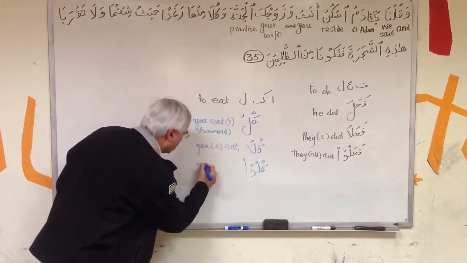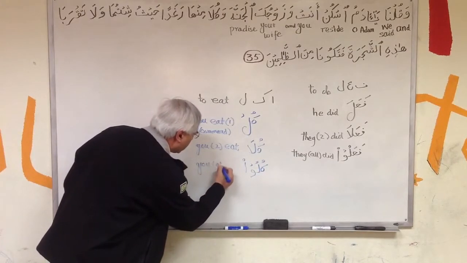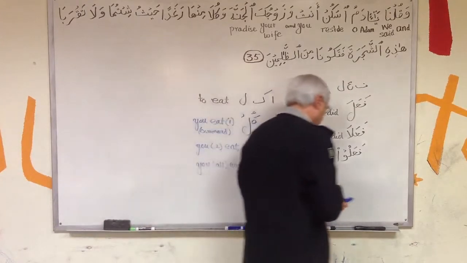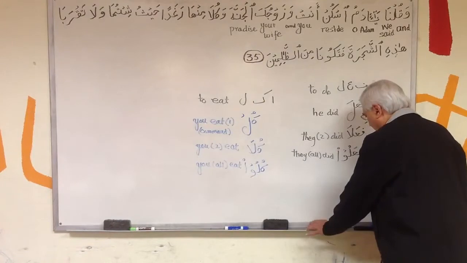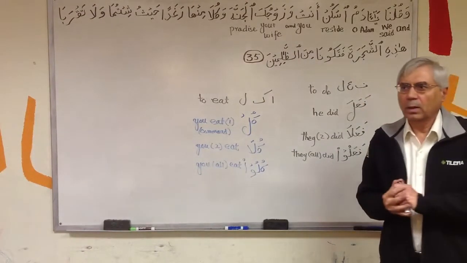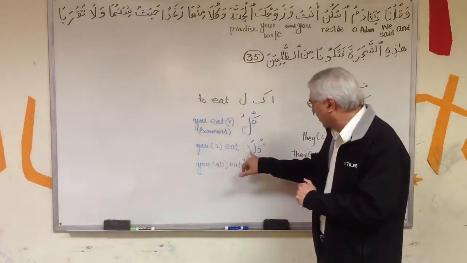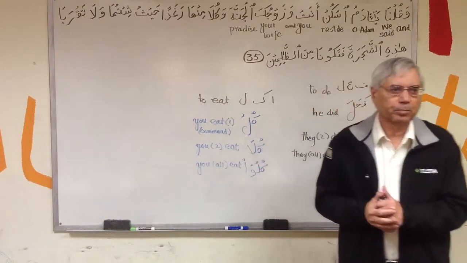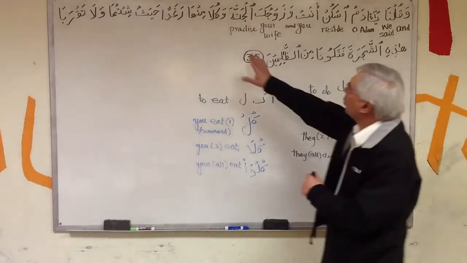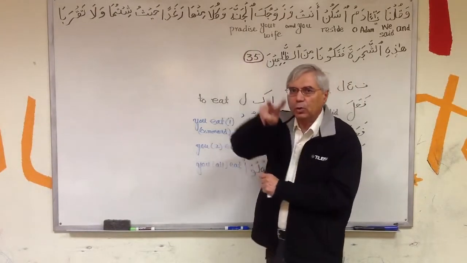You all eat. Okay? So in Arabic, whenever there are 2 people, we use the grammar of putting an alif at the end. Okay? So here the word is wakula, and you both eat.